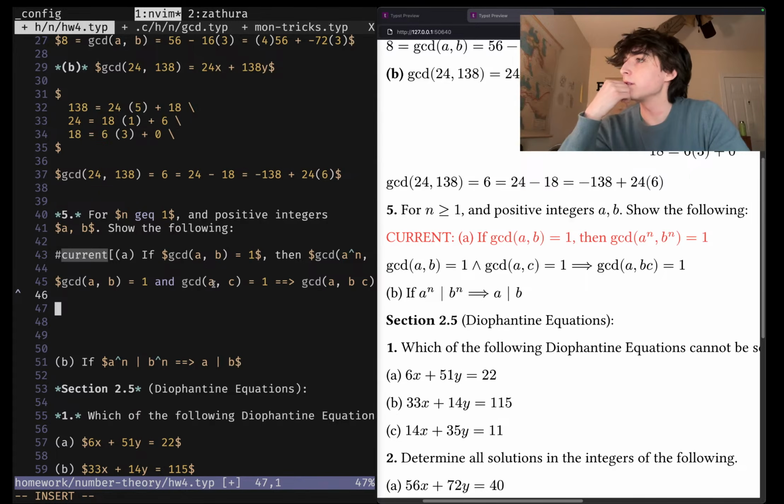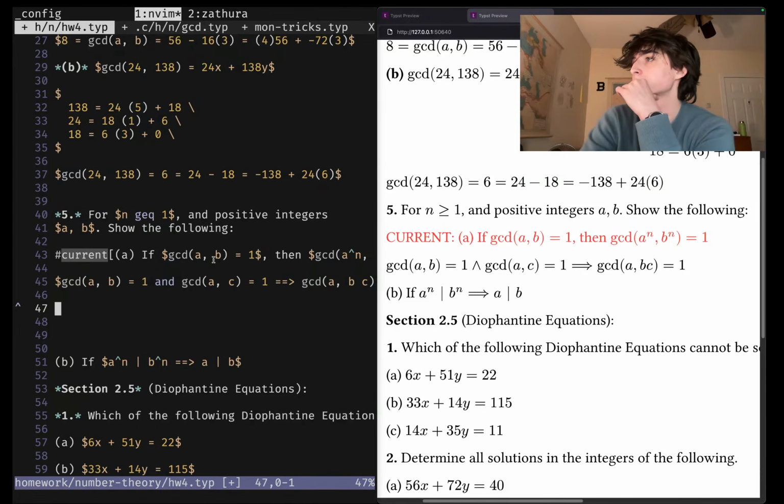I see how to do this, I just want to write it out rigorously.